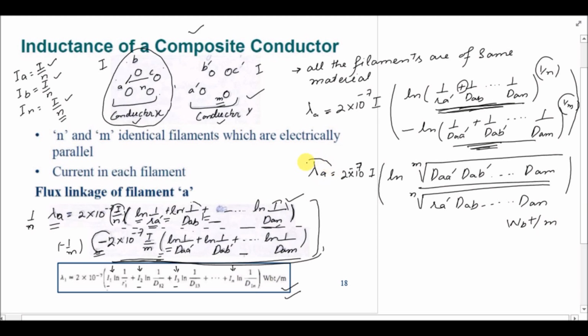So this will be the flux linkage value for conductor A, this conductor in a group of conductors, right?